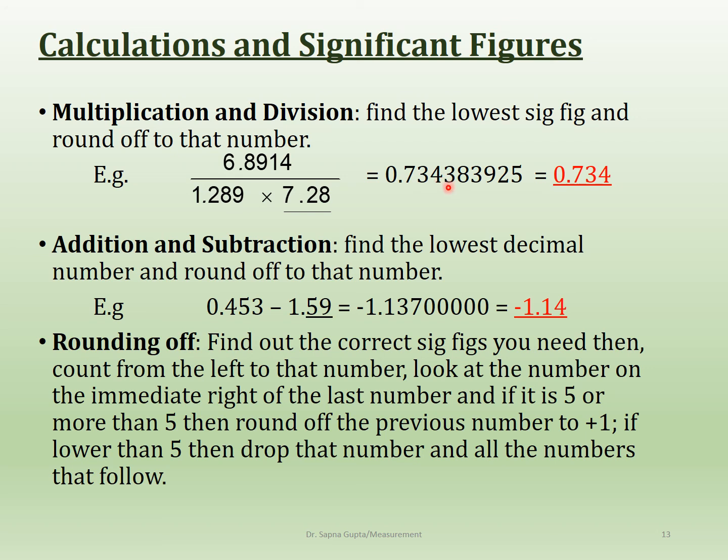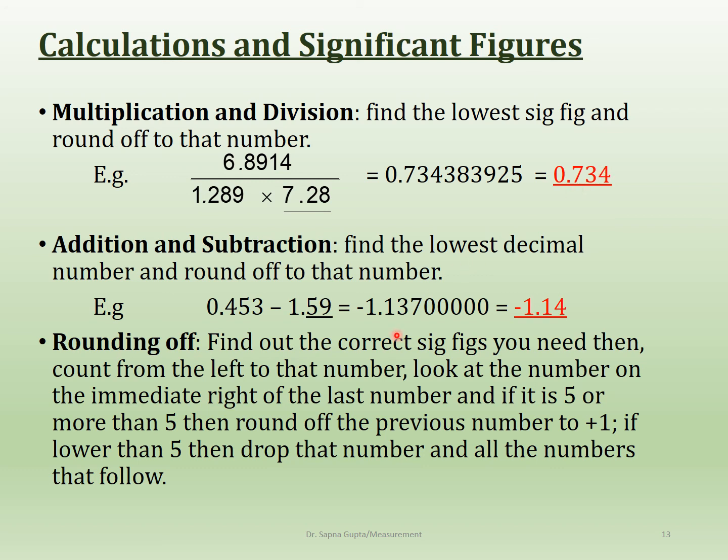If it is 5 or more, you round off by adding 1 to the 4. If it is 4 or less, then you drop the entire number over here. Don't try and round off from 9 to 4 to 8 and then make this one 4 and so on. Don't do that. Just take the three numbers that you need, and if this is 5 or more, then you make it 7.35, but because this is 3, we're going to drop everything off here. So the final answer becomes 0.734.